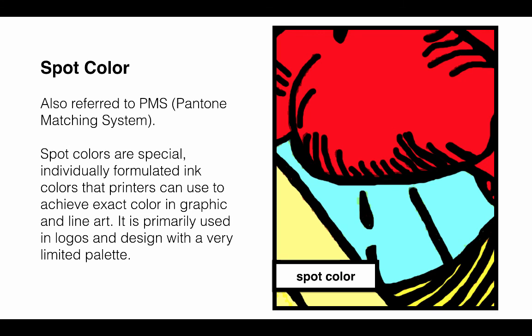There are other companies that make spot color inks, but basically a spot color is special because it's an individually formulated ink color that printers can use to achieve the exact same color in graphics and line art, no matter what printer they're printing on, right? It's primarily used in logos and design with a very limited color palette.